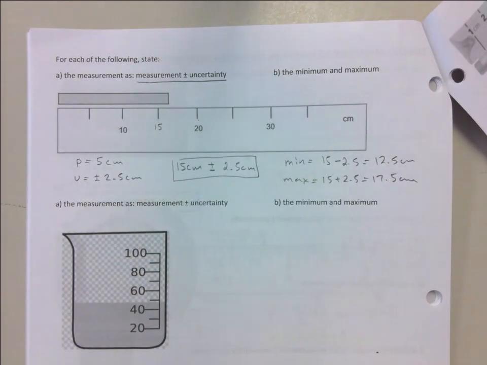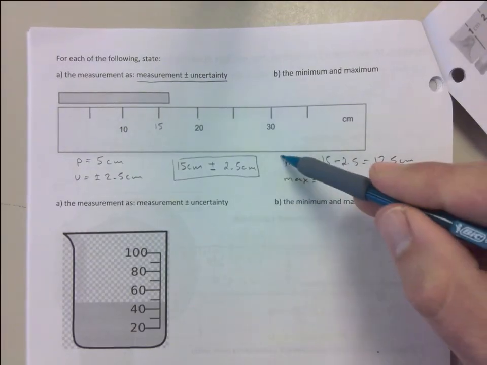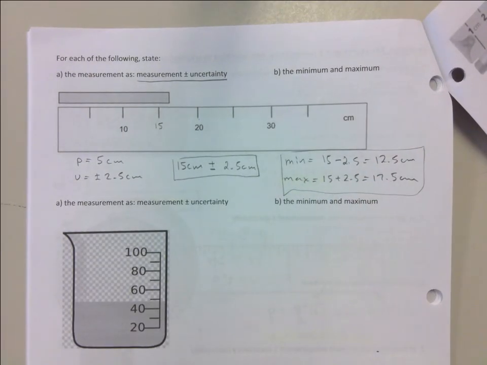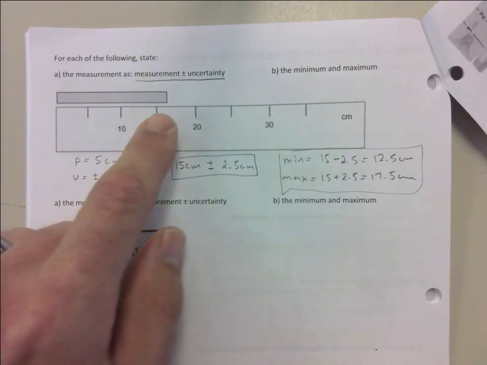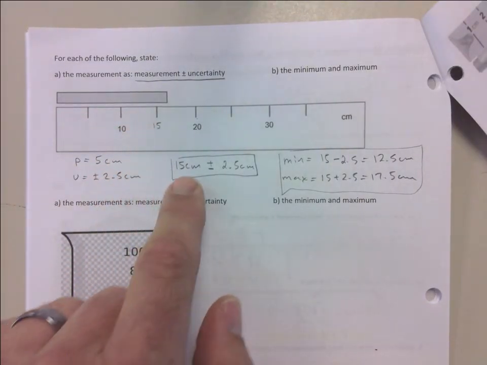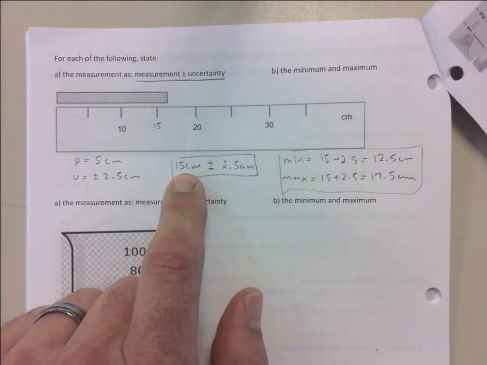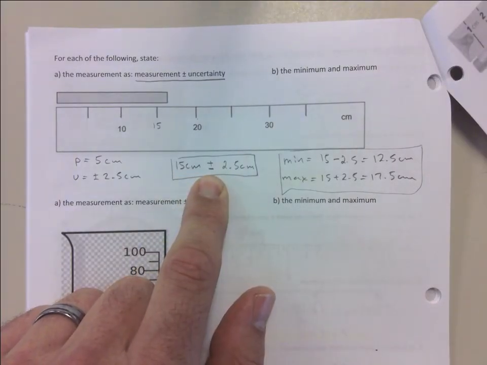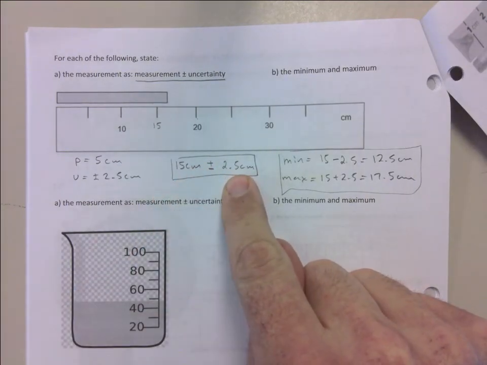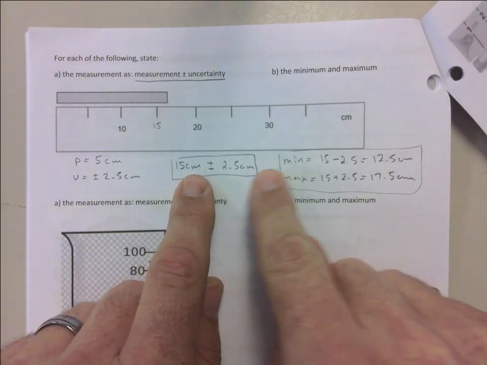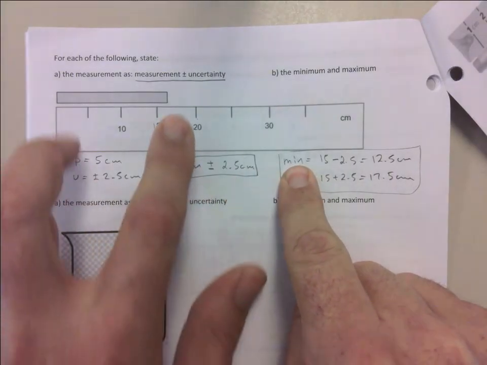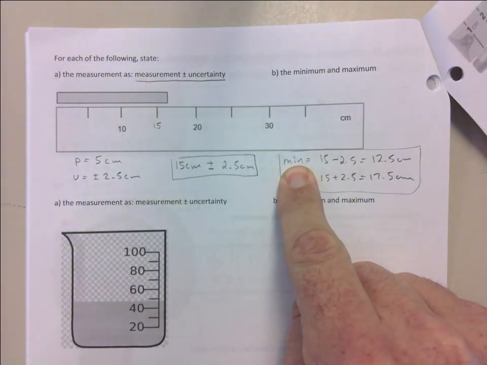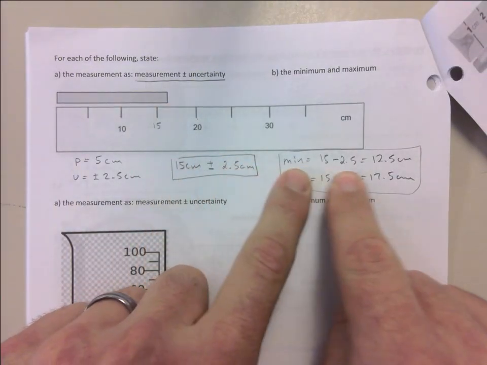Okay. I want you to understand this part right here that we're doing. I want you to imagine that this number, the 15, is just showing up on a screen, right? Like, how long is this? It's 15 plus or minus 2.5. And now we're wondering, well, based on this, it could be off, right? So then we're saying the smallest this bar can possibly measure based on this information is 12.5.